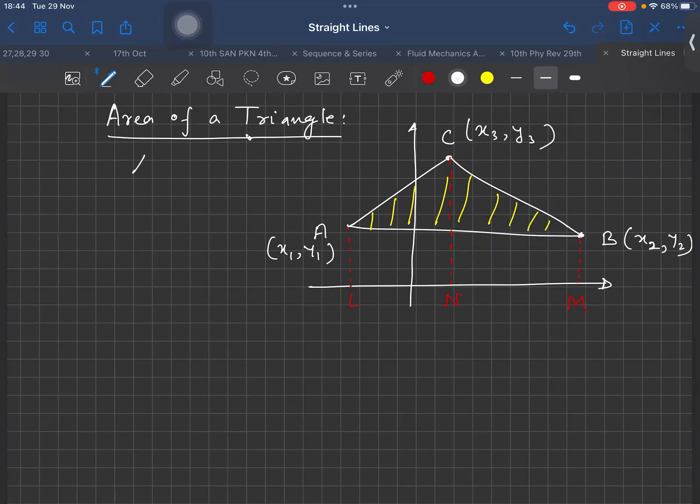See, for area, I'll be writing like this. This is the symbol of triangle, by the way, or I'll just write area of triangle.